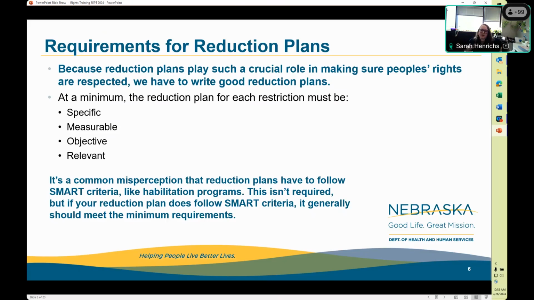You should almost be reverse engineering that reduction criteria and thinking first about what we would need to see. What would that world look like where it's safe for this person to have this restriction reduced or eliminated? And what are things that we can see and measure that would be indicators that we're getting to that world?